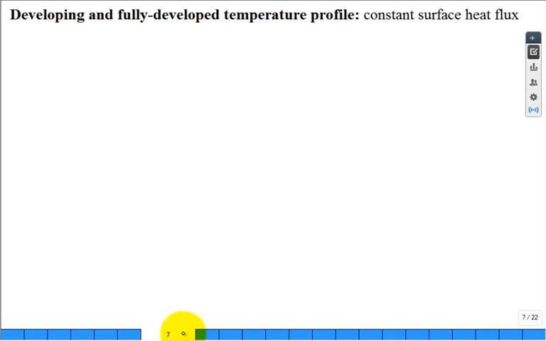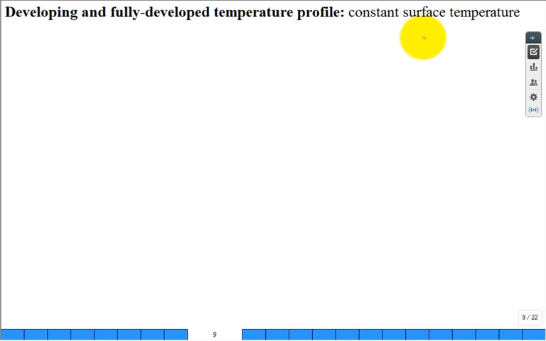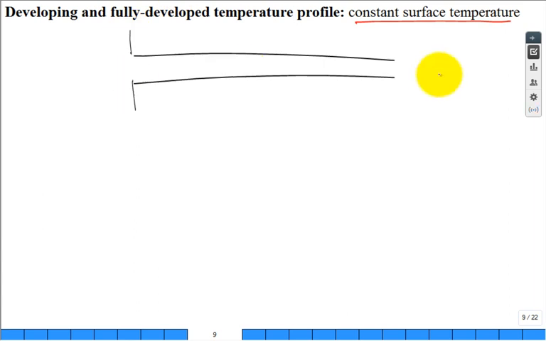Okay. What happens if you have not a constant surface heat flux, but a constant surface temperature? Same thing. We're going to have a pipe, with an inlet to the pipe, and we'll come down here. We'll do fully developed thermally as well as hydrodynamically.